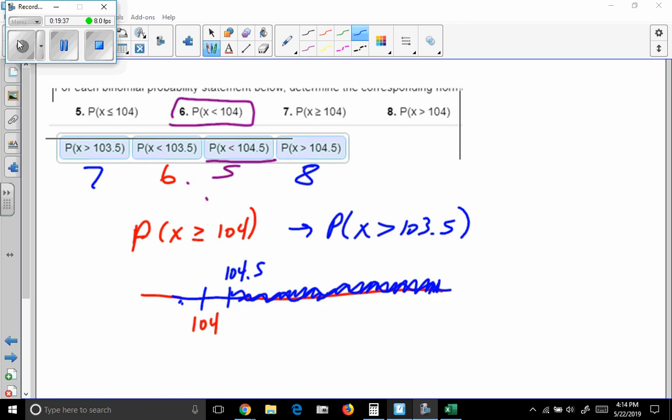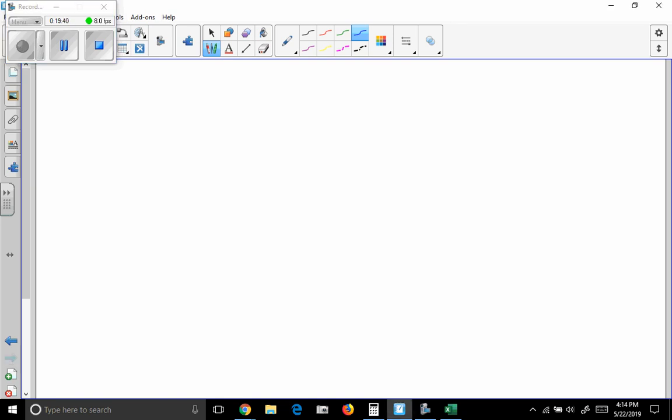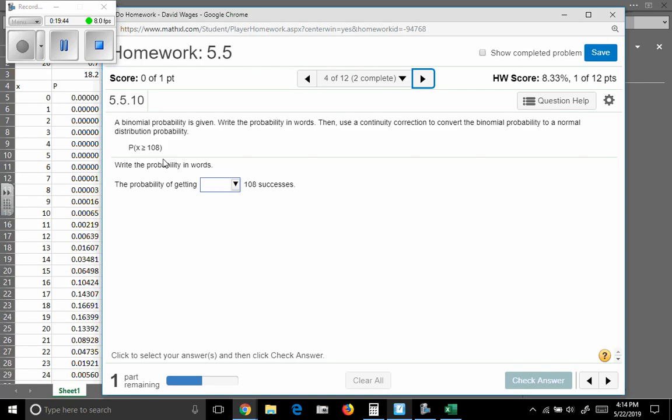So let's look at an individual statement and dissect it. So we have a given binomial probability. So let's write this probability in words. So P, the probability that x is greater than or equal to 108.